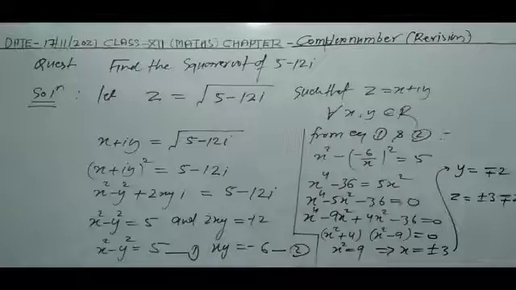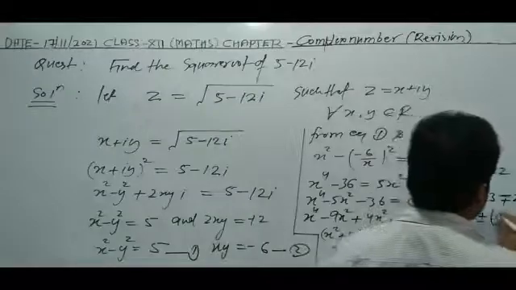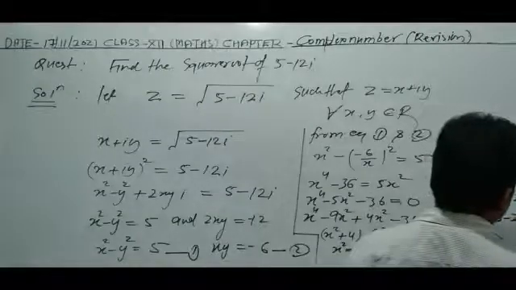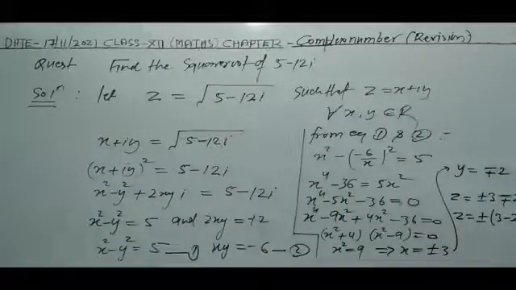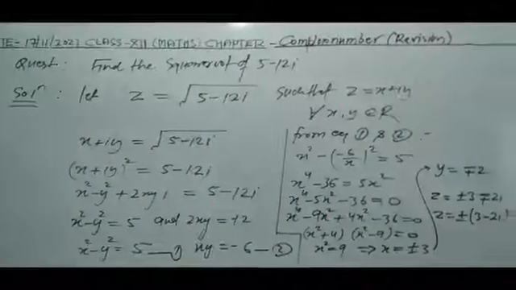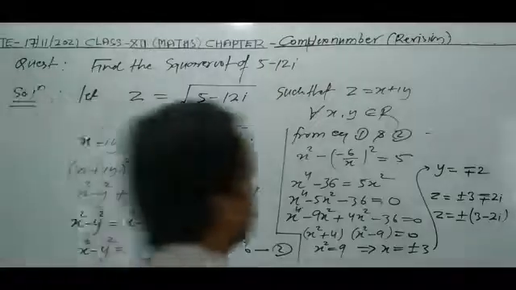This is the format. So plus minus, when you take common, the result will be minus 2i. Means z is equal to plus minus 3 minus 2i. Now this is the answer.